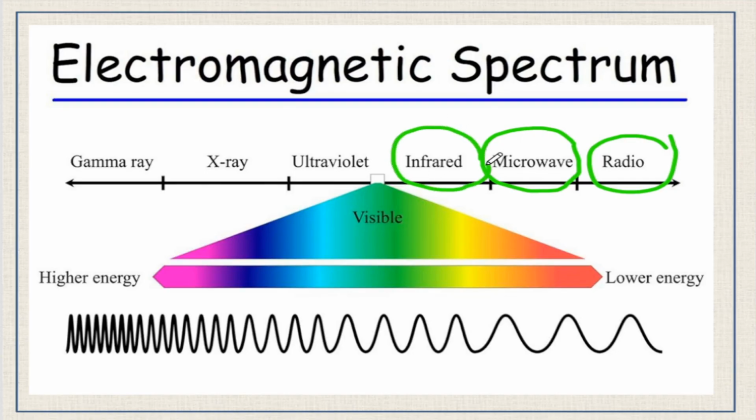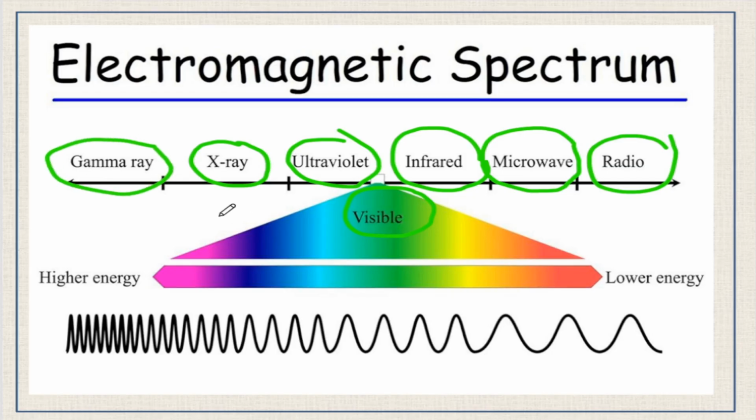Infrared radiation is used in vibrational spectroscopy. Ultraviolet and visible radiation are used in electronic spectroscopy. Gamma rays are used in X-ray diffraction. X-ray is used in X-ray diffraction. Gamma ray is detected in Mössbauer spectroscopy.